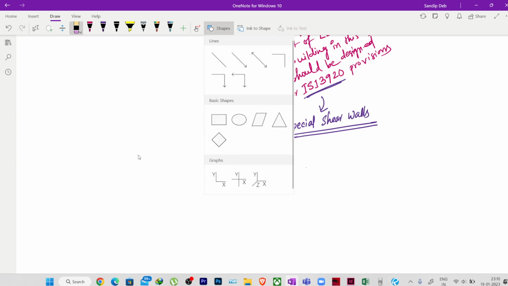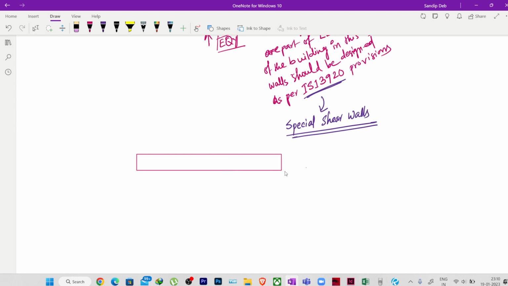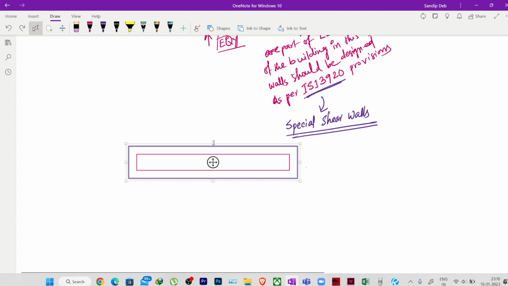So suppose this is my stirrup, and here I have my wall. Though I have made it very big, it won't be like this actually. So let me just drag it a bit.